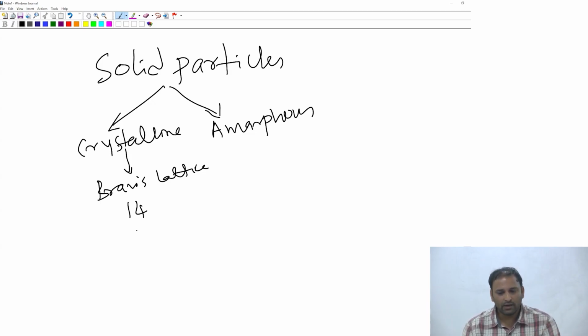In crystalline material, there is an ordered arrangement of the atoms or molecules that make up the solid. In the case of amorphous materials, there is no long range order.